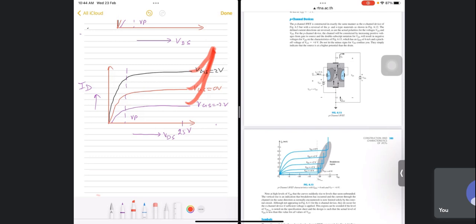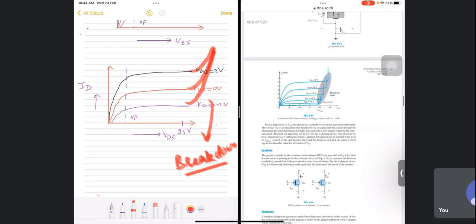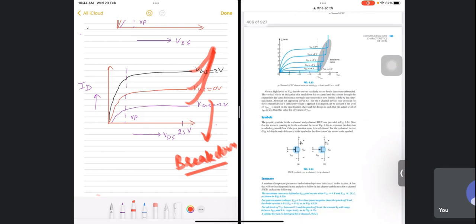Large amount of current will flow, right? So this is called as breakdown, right? Okay, hello? Yes, sir. Because large amount of current will flow and it can damage our device.